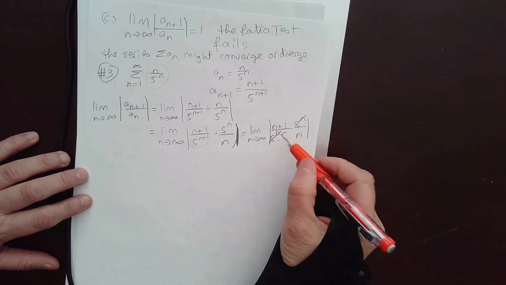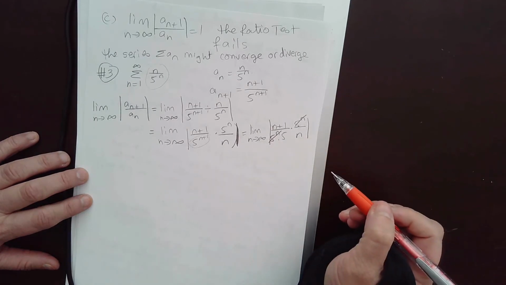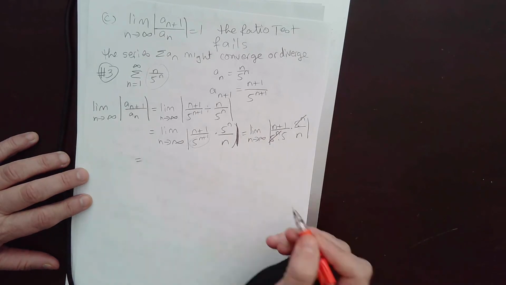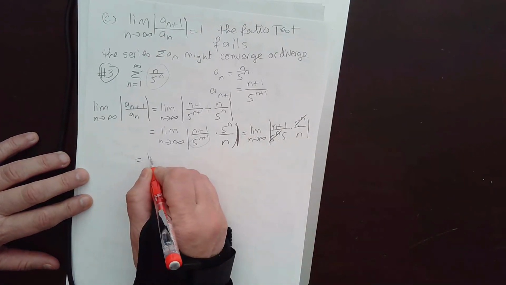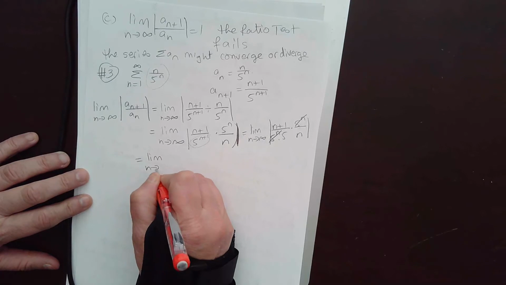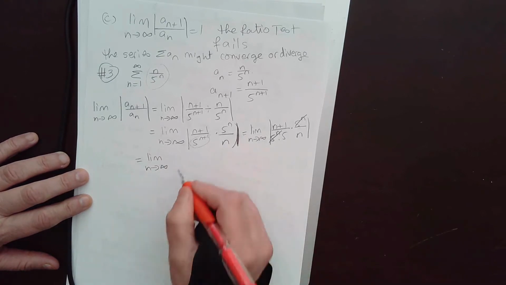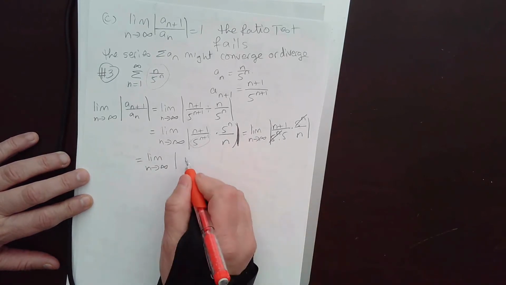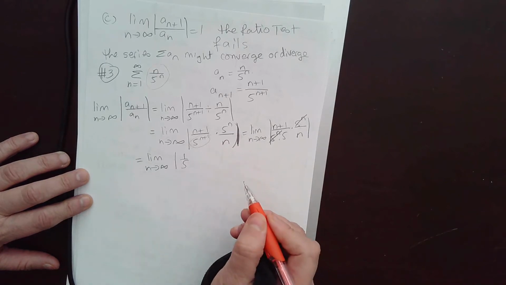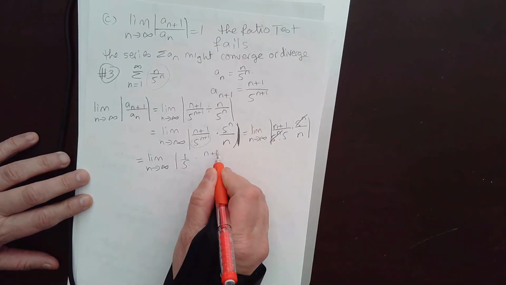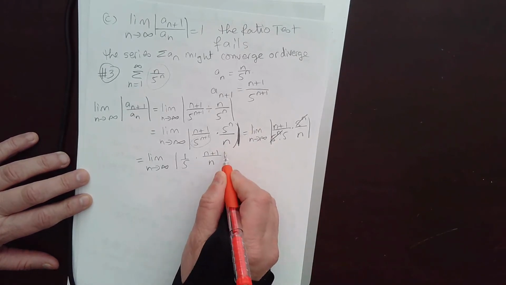And what do I have left here? I have 1/5. Remember, I can pull it out. This is the same as the limit as n approaches infinity of, let me rewrite this, 1/5 times the absolute value of (n plus 1) over n.